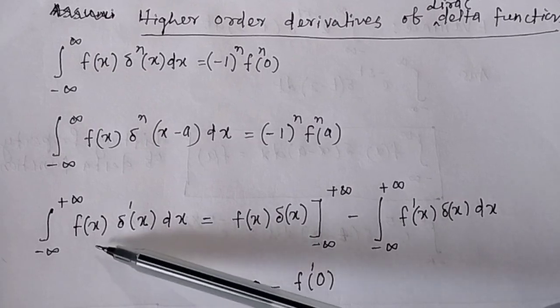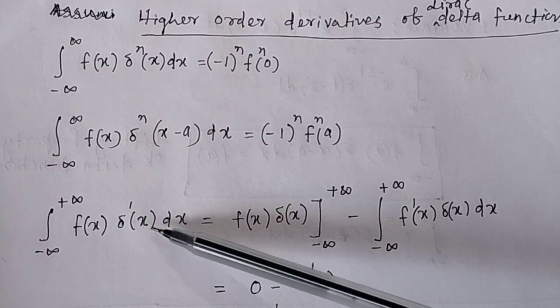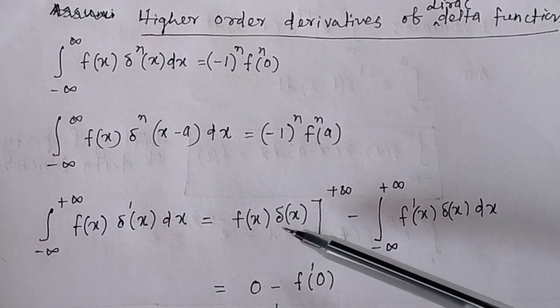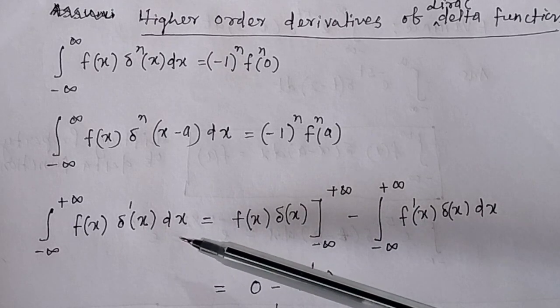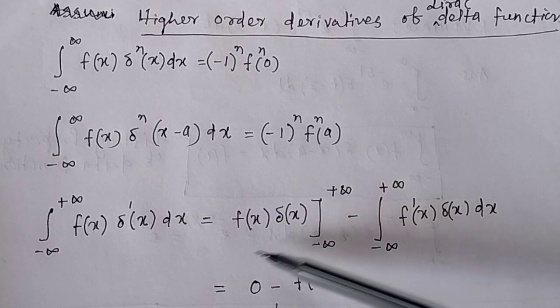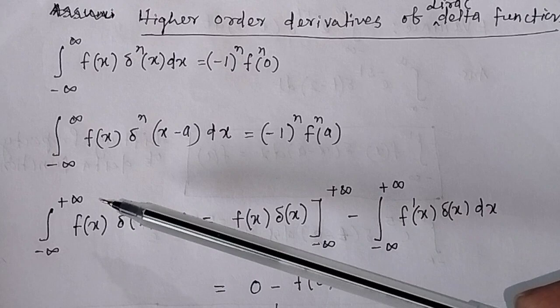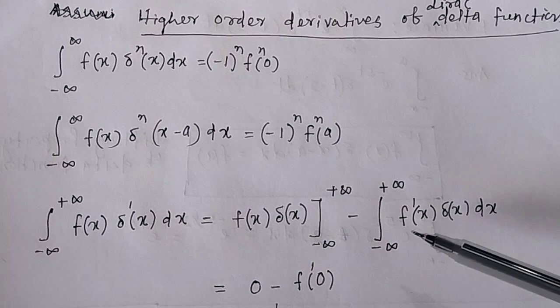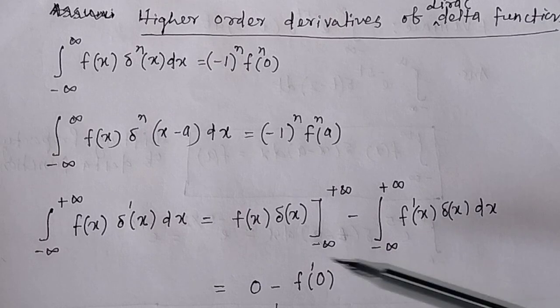Here delta dash is your dv and f is your u, so v will be delta x, and the formula gives uv from minus infinity to plus infinity minus integration of v du.